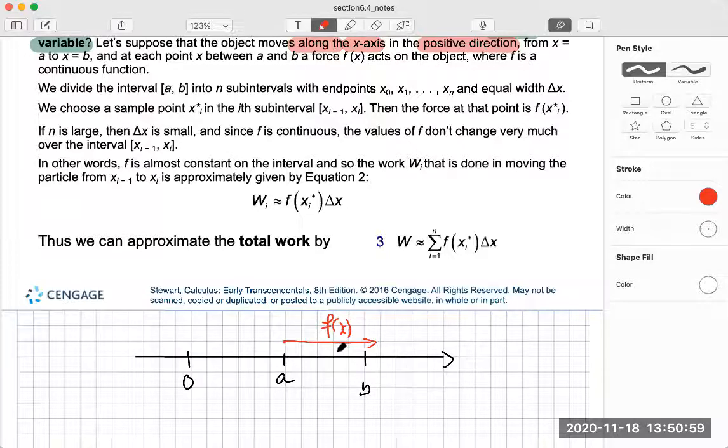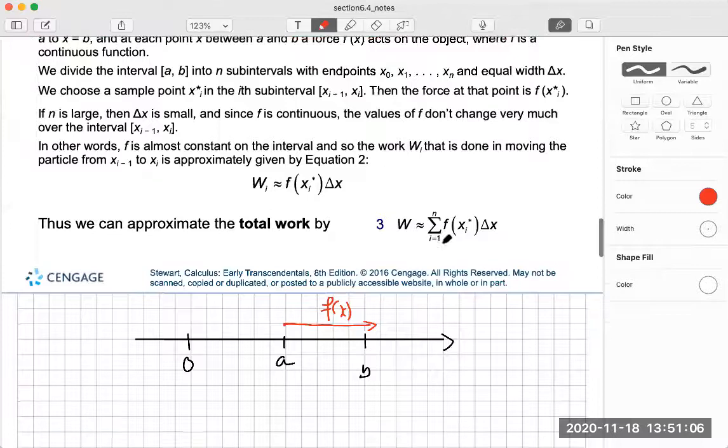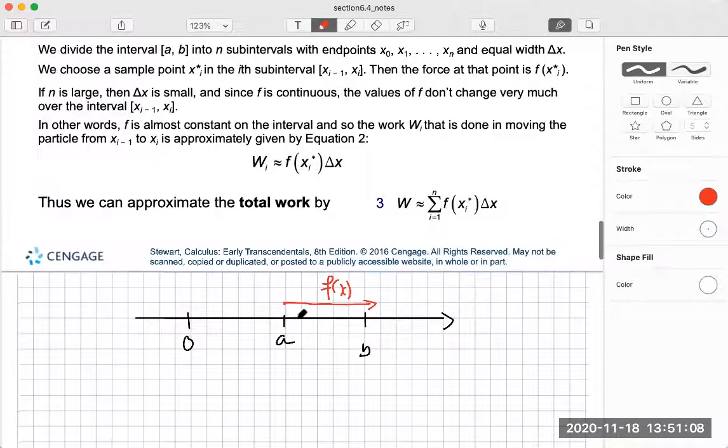We divide this interval into subintervals. It means that at each position on this interval, we apply a force F at x_i.